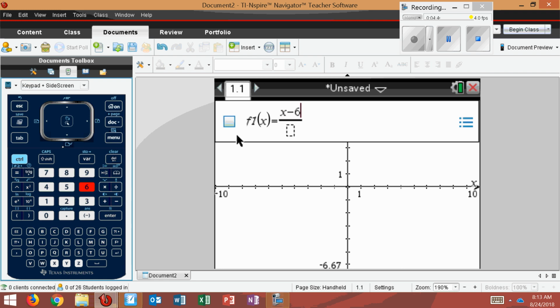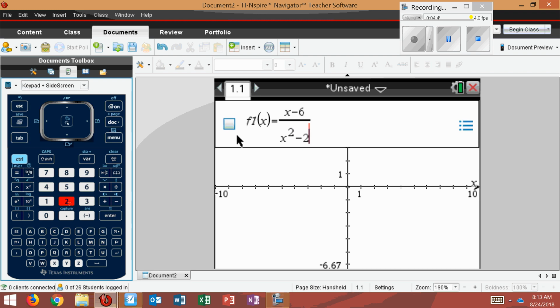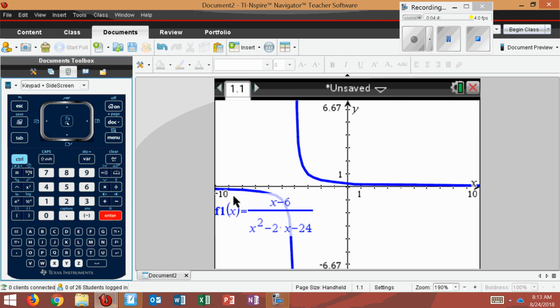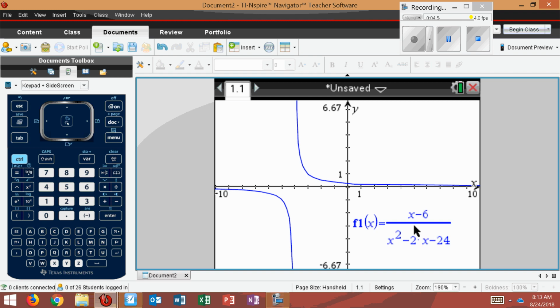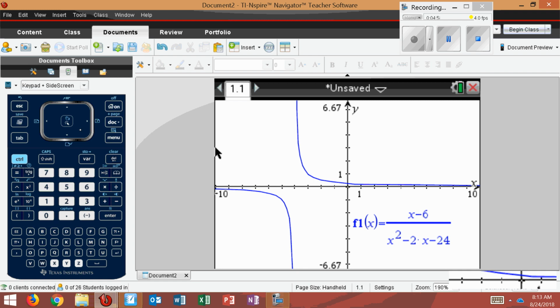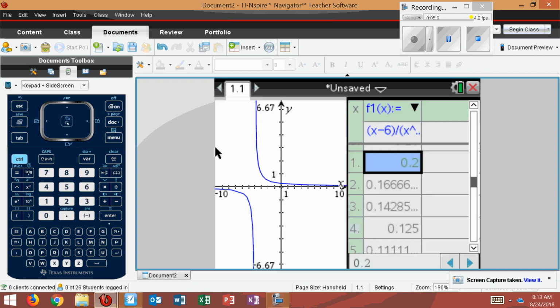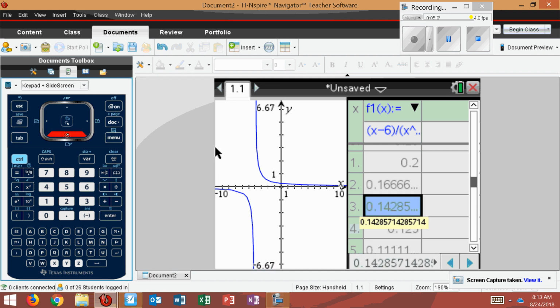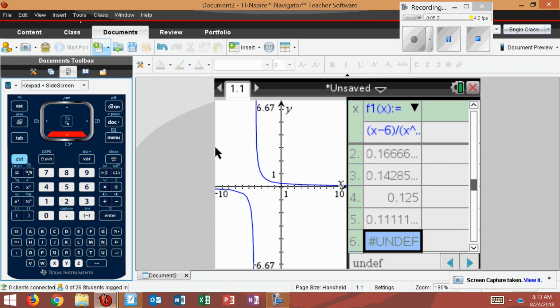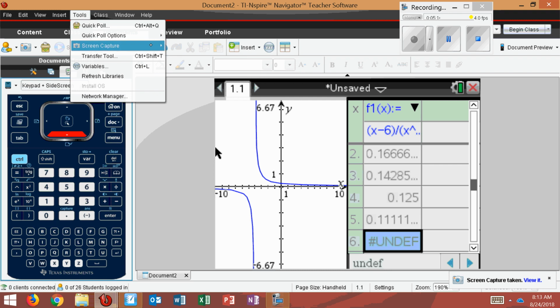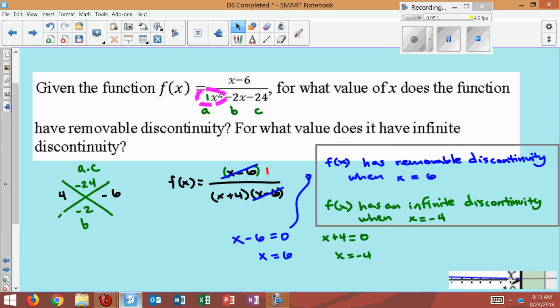In the denominator, we had x squared minus 2x minus 24. Now I graph it, and this is the infinite discontinuity, and we'll see the other value in a second. We had 6 and -4 as our values. I'm going to get this value real quick. All right, and I'll come back over here and paste them.